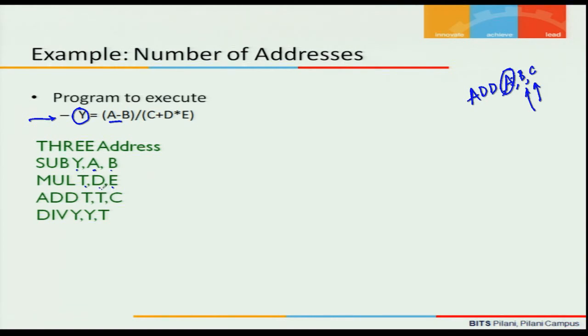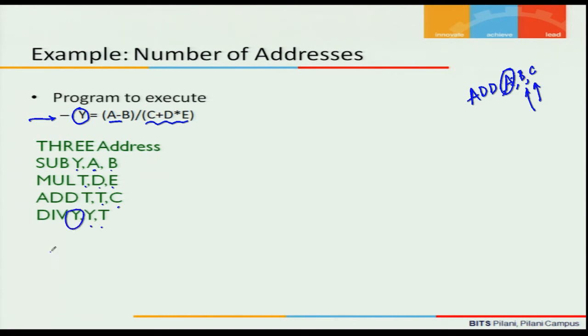After I have done D into E, I do an addition of T and C. T already has D into E, so to that I add C and put the result back in T. So I have done this part. And then finally I do a divide. I divide Y and T, and put the result back in Y.